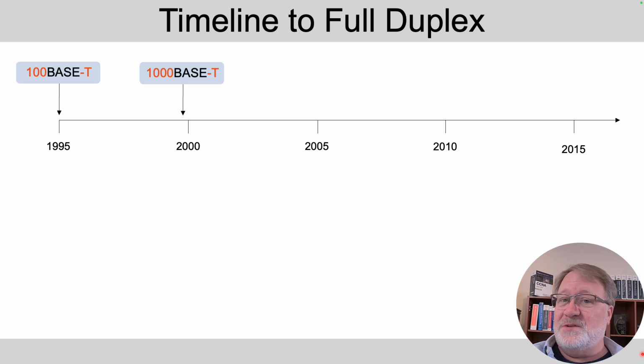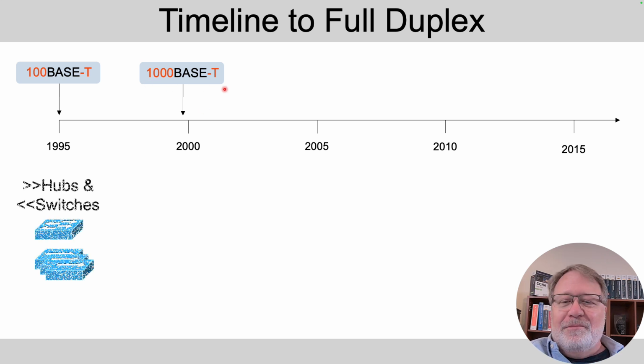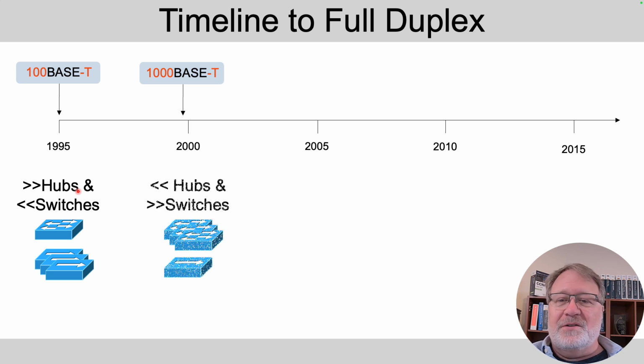But just for some perspective, and by the way, these dates don't really matter other than for that perspective. As a reminder, back in 1995, we got 100BASE-T, and just before 2000, we got to 1000BASE-T. But in that era, in 1995, hubs were still common. If you were buying new, you probably bought hubs more often than switches because switches were new and still very expensive compared to hubs. But by the year 2000, switch prices had started coming down.